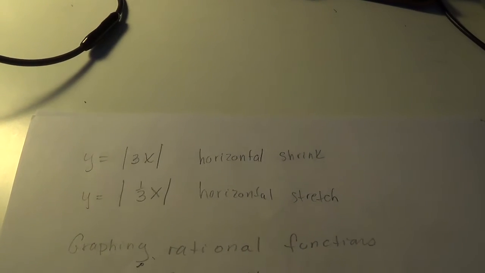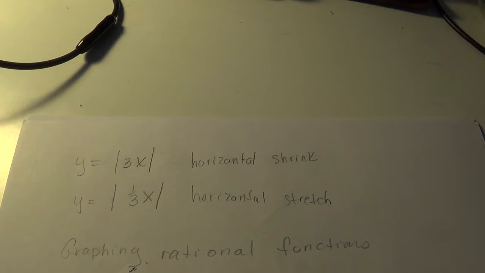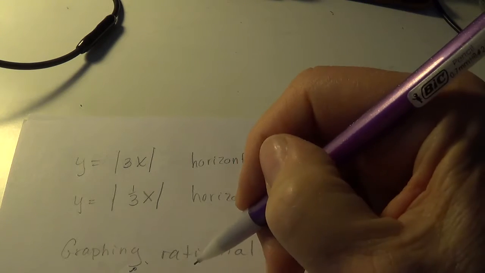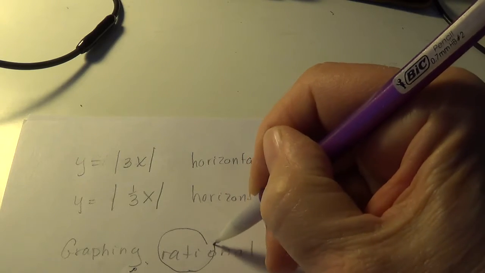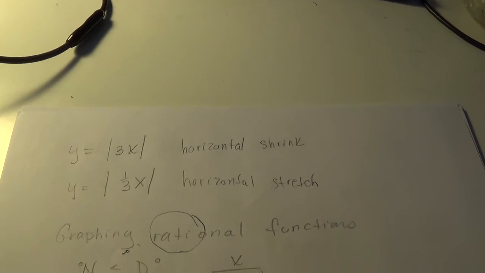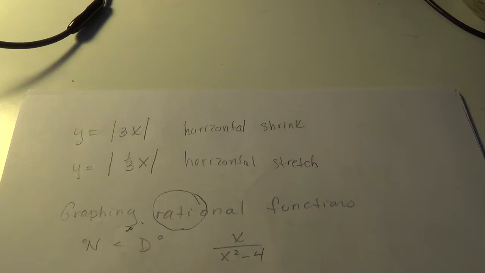And then we advance to graphing rational functions. And remember, rational means ratio or fraction. So we are expecting numerators and denominators. And we learned that if the numerator is less than the denominator, we graph it one way.